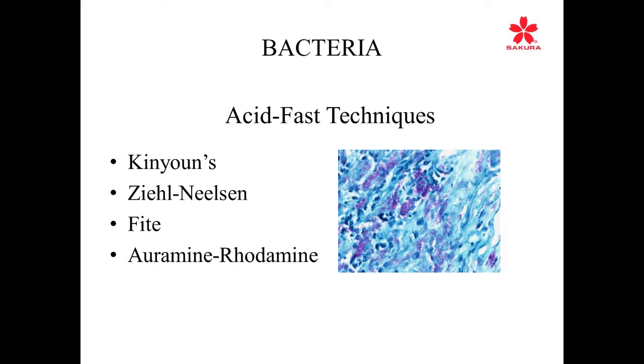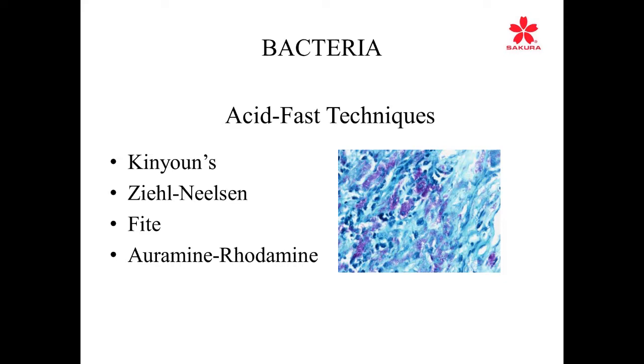So in this method, it's very interesting that you would use a xylene and peanut oil mixture to actually deparaffinize the slide. The theory behind that is the peanut oil would help enhance or coat that lipid layer and thus make it more resistant to the decolorization technique once you go to your primary dyes of your carbolfuchsin or your phenol base.